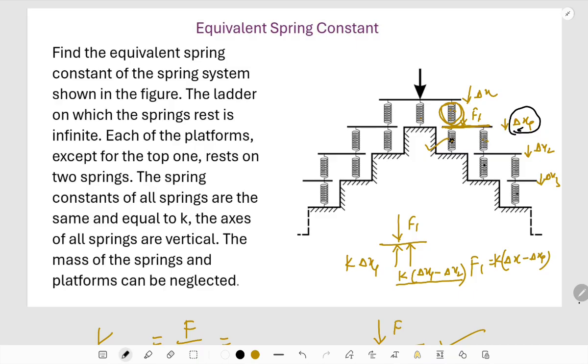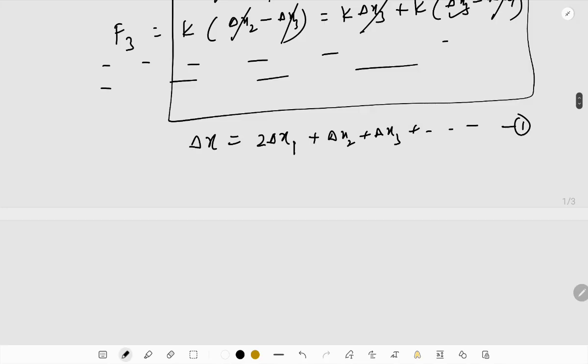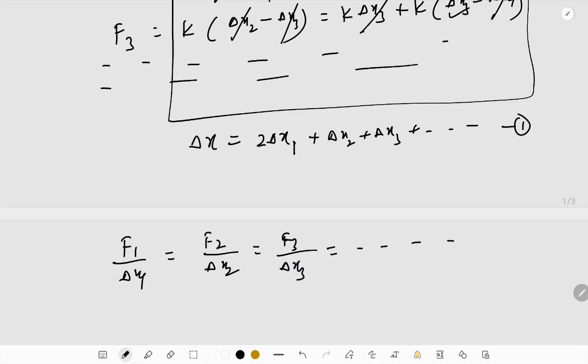For this spring, the spring constant is F2 by delta x2, and for this spring F3 by delta x3, and all are the same. So you can write another equation: F1 by delta x1 equals F2 by delta x2 equals F3 by delta x3 equals many more.